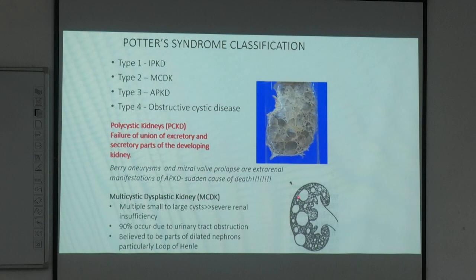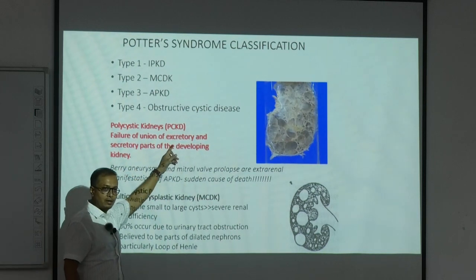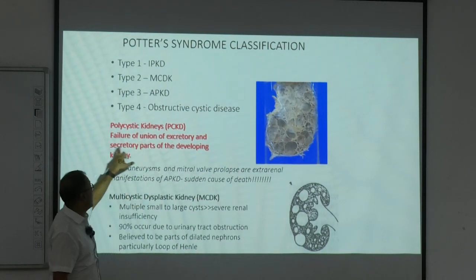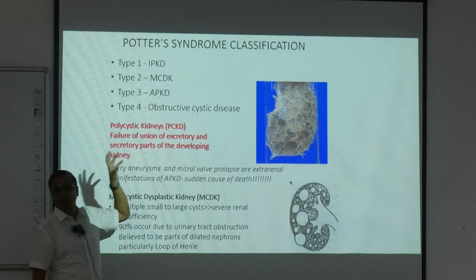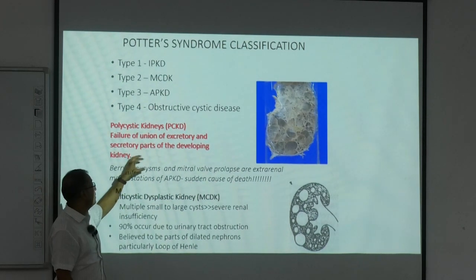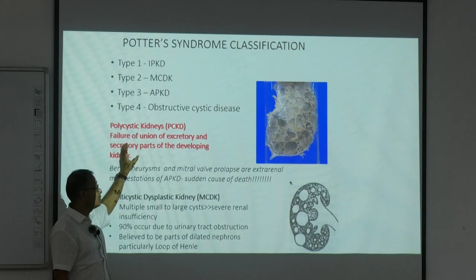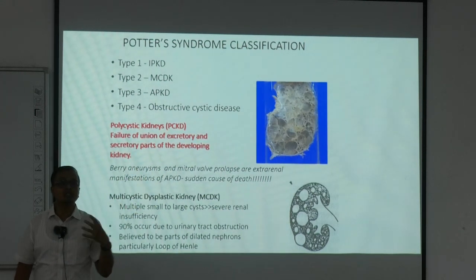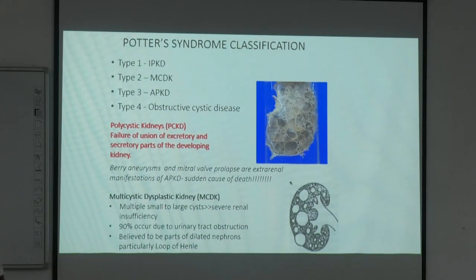As a result, urine is occupied within this particular kidney itself. And this kidney looks like a cystic kidney. We call them congenital polycystic kidney. So it happens because of the failure of union of the excretory unit, that means the nephrogenic tissue, and the collecting part, that is the ureteric bud, in a developing kidney, and this kidney is destroyed on its own because of the collection of this urine within it.